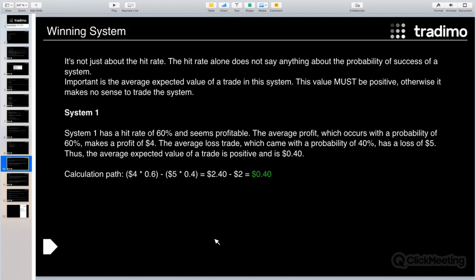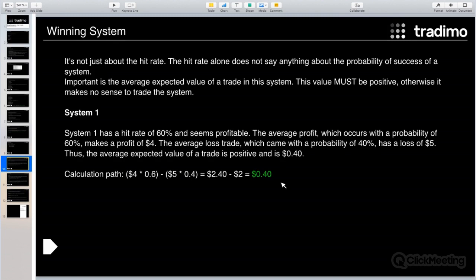The calculation is just to take all the possible winnings times the probability of success. So $4 times 60%, and then minus the loss times the probability of loss. And this comes to the result of plus 40 cents.